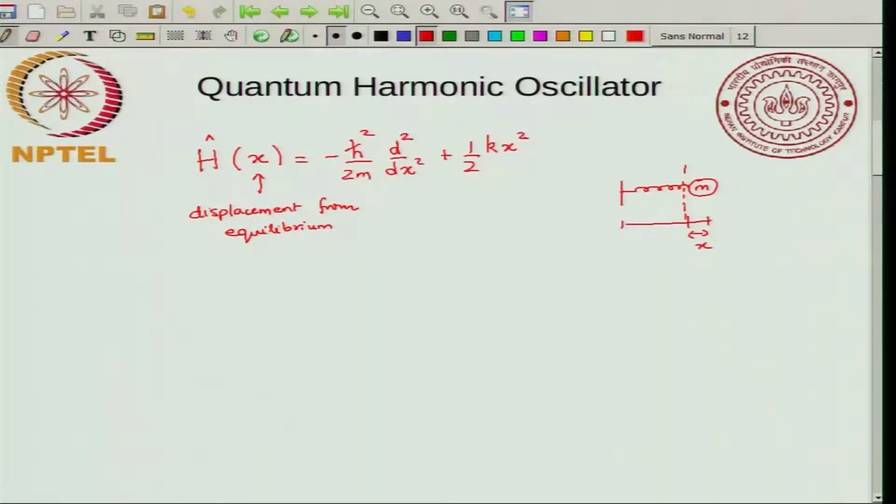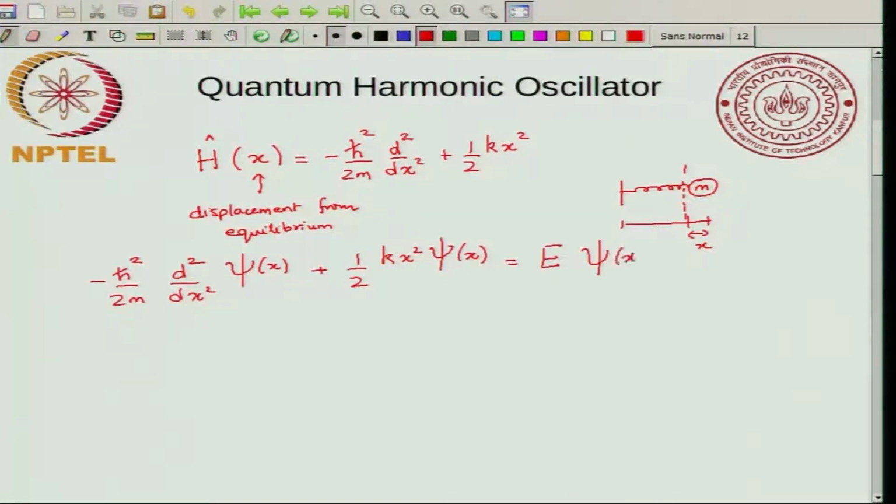So the Hamiltonian has a simple form, and you can write the time independent Schrodinger equation for this quantum harmonic oscillator as minus h bar square by 2m d square by dx square of psi of x plus half k x square psi of x is equal to E, which is the energy of the harmonic oscillator, times psi of x. Our goal is to solve this problem, and what you will realize is that you have certain allowed values of E.